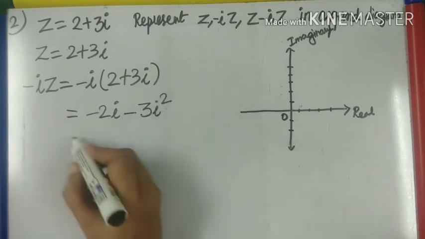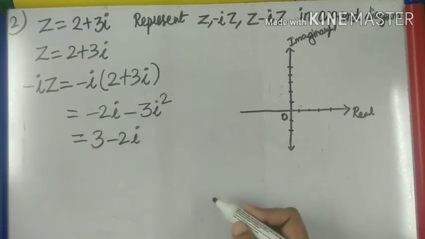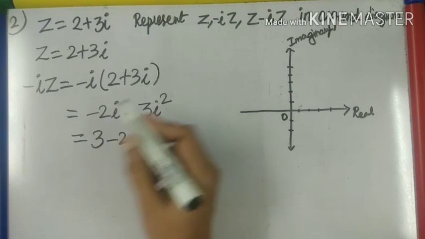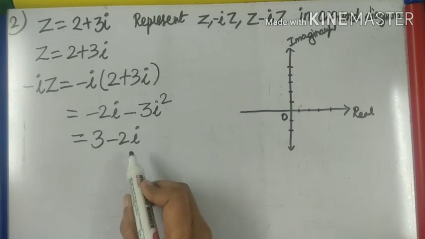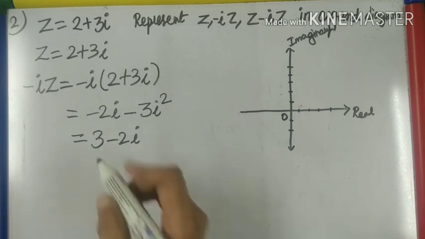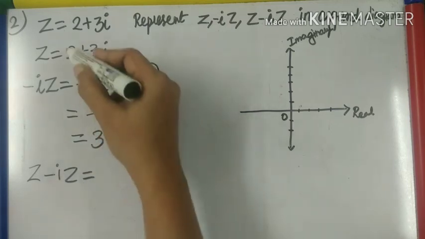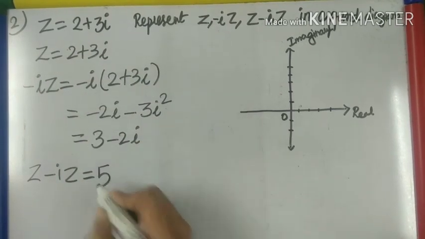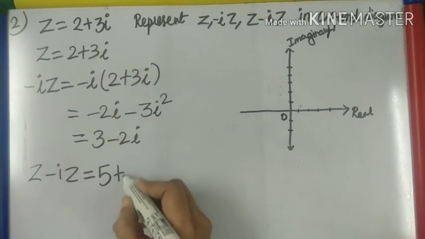So minus 1 into minus 3 is 3, minus 2i. Let us remember, in all the problems, first we will write the real part without i, then only the imaginary part with i. Now what is z minus iz? 2 plus 3, 5. 3i minus 2i is plus i.